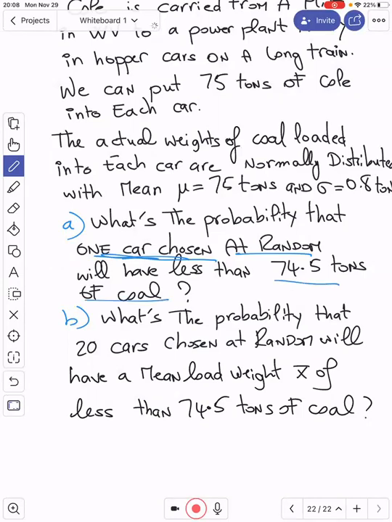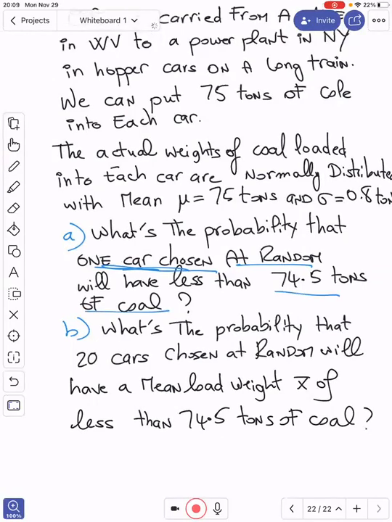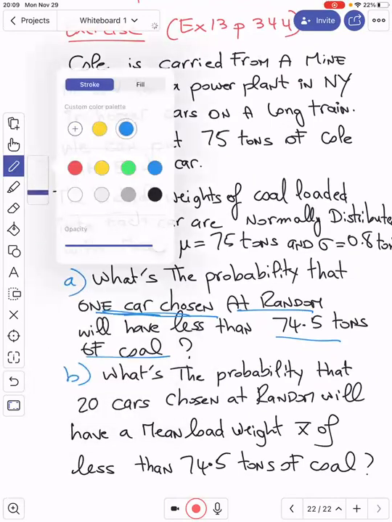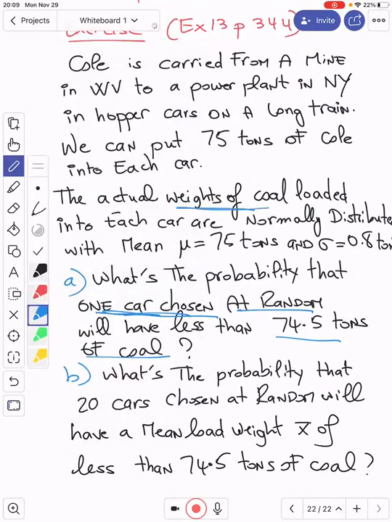The variable X in this problem: it says the actual weights of coal loaded into each car are normally distributed, so the weight of the coal loaded into each car follows the normal distribution. So the variable X is the weight of the coal loaded into each car.